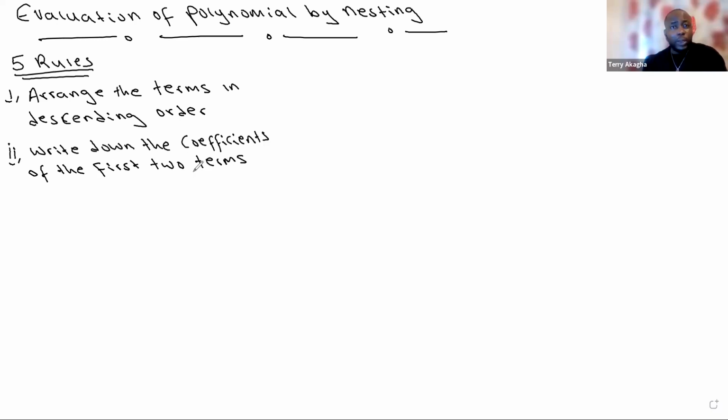Then when you're done with that, the next thing is to add x to the first term and close the bracket, okay? So you add x to the first term. And close the bracket.